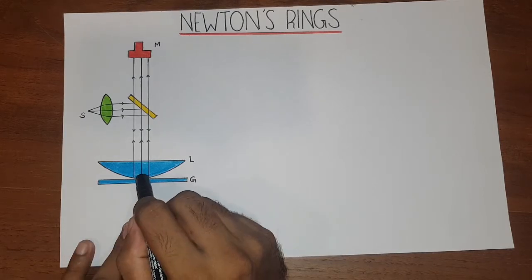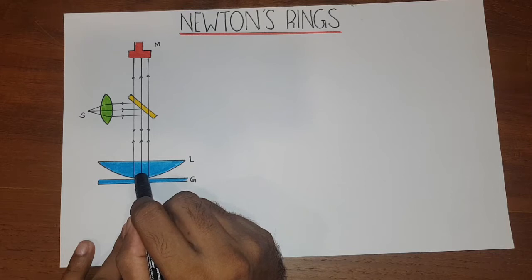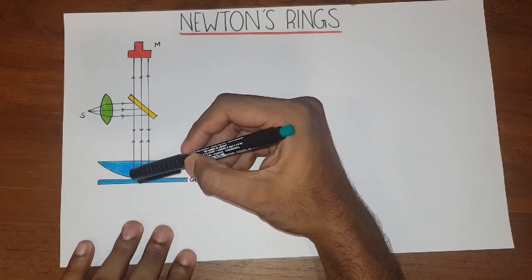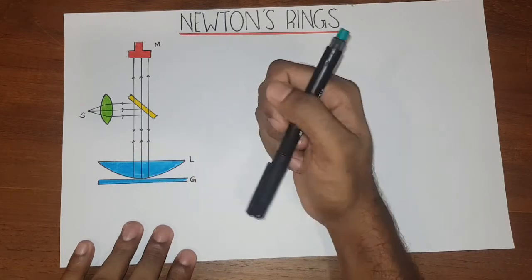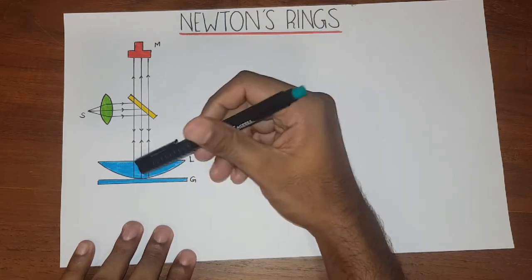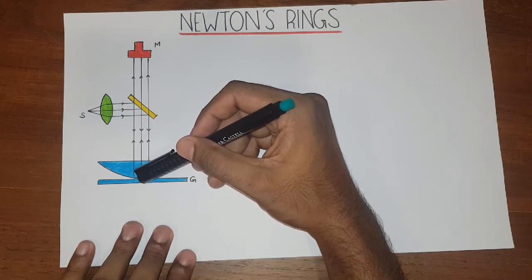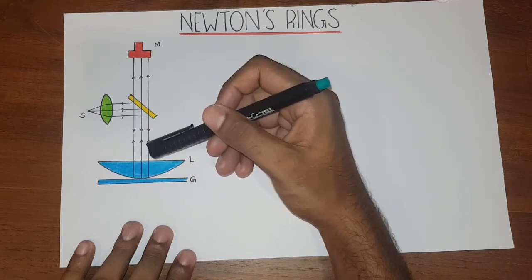Now let's start from the beginning, like from the central part. If we look at the center, there is no film. But even there, light is getting reflected from the bottom part and the top part. And between these two rays, there will be a path difference of lambda by 2 or a phase shift of 180 degree.